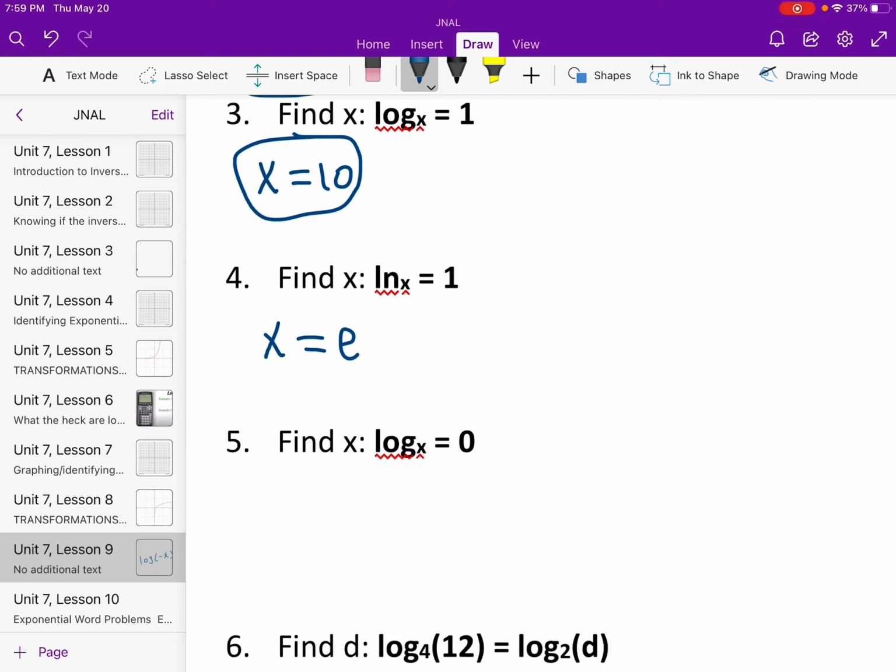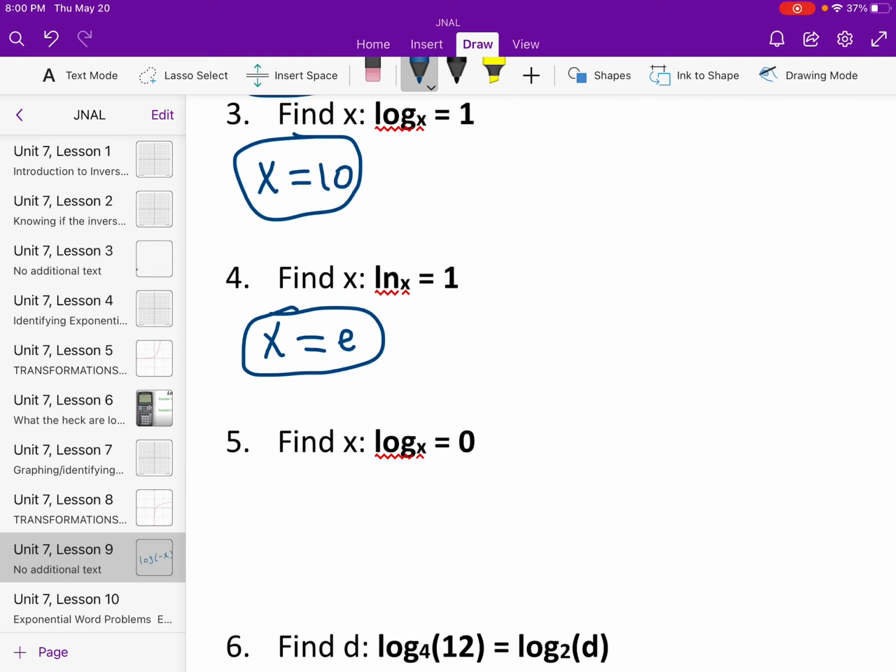Remember, e is something like pi. It's not another variable. We could say x equals 2.71 approximately, but we can just say e because that's the formal value. And by the way, there is an e button on your calculator, just like there's a pi button.